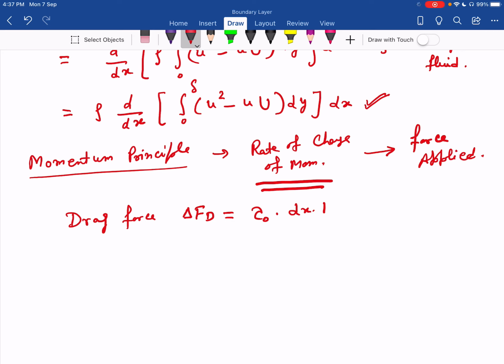So with respect to the momentum principle, now the direction of this drag force is opposite to the flow.